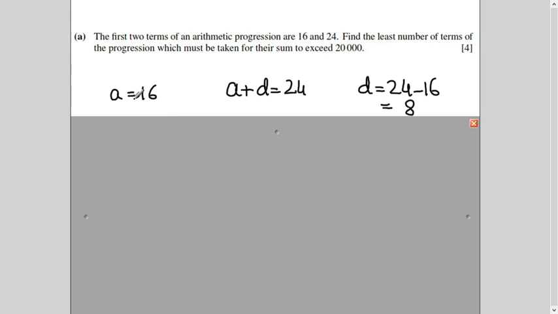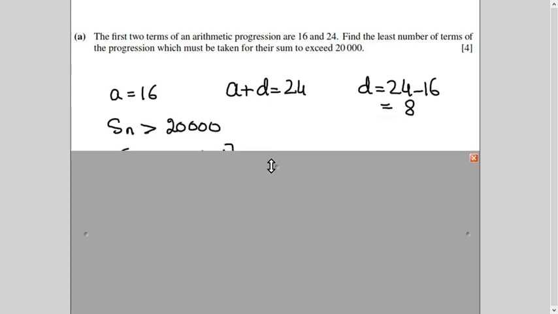So the first term is a, which is 16. The second term in general is a plus d, which is 24. We know in arithmetic progression, the difference is common. So if we do 24 minus 16, d is 8. So we know d also. Now the question is saying the sum of the first n terms is greater than 20,000.